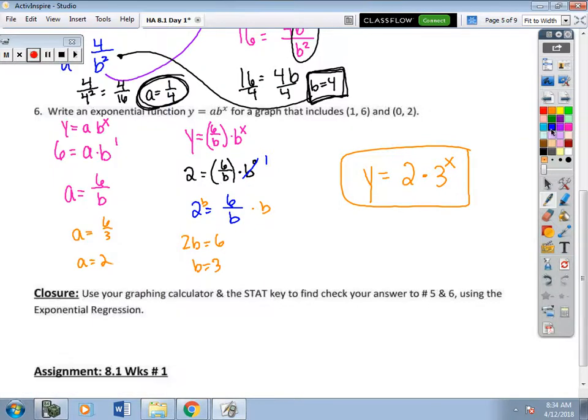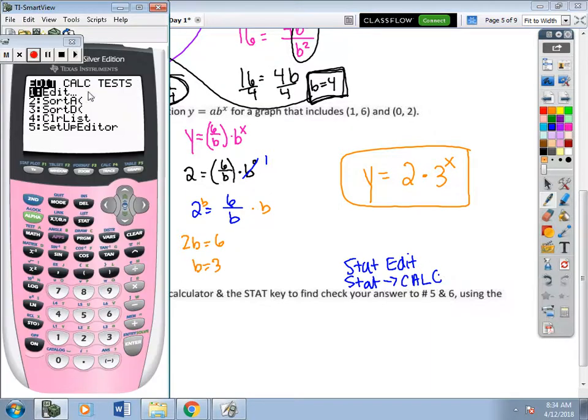So if you want to put this in your notes, stat edit. And then we'll do stat calculate. So pressing our stat button, arrowing over to calculate. And this time we're going to scroll all the way down until we find an exponential regression.